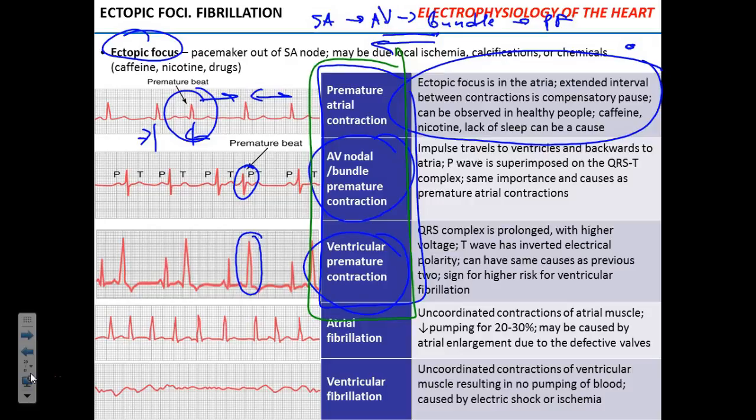What's the deal, you ask? Why do we consider it a problem? Turns out, especially the premature ventricular contraction can be a sign of predisposition to the ventricular fibrillation, which is exemplified here at the bottom.